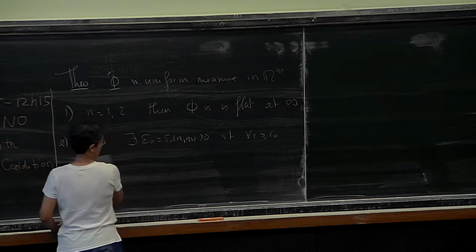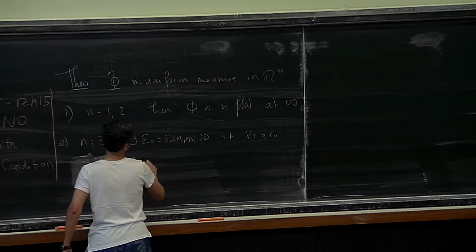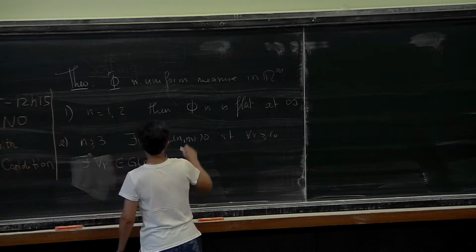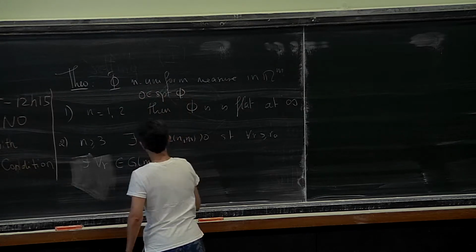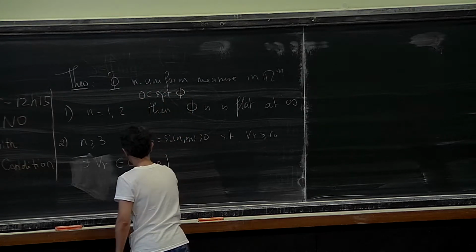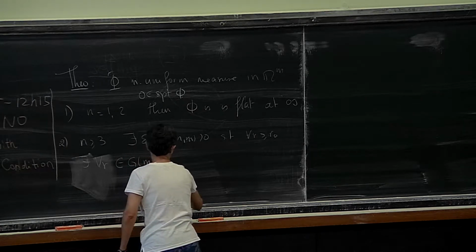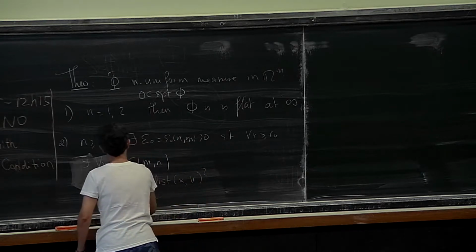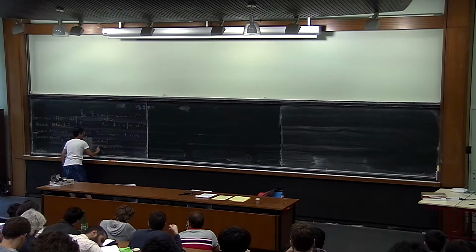For every r greater than 0, there exists a V_r that belongs to G, so it's an n-plane in R^m. And remember in here, 0 belongs to the support of phi. And if we have the integral over the distance from x to V squared, over B_r(0), 1 over phi of the unit ball, r to the n plus 2.